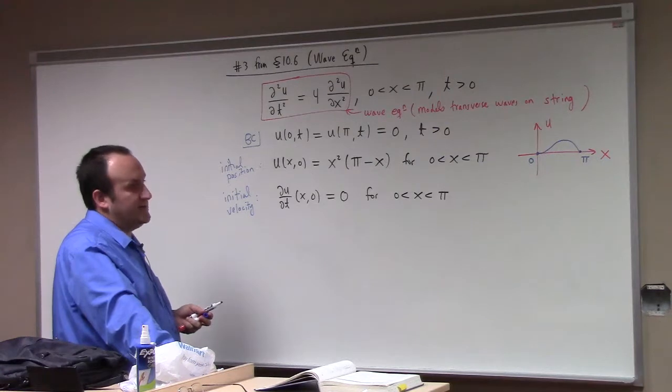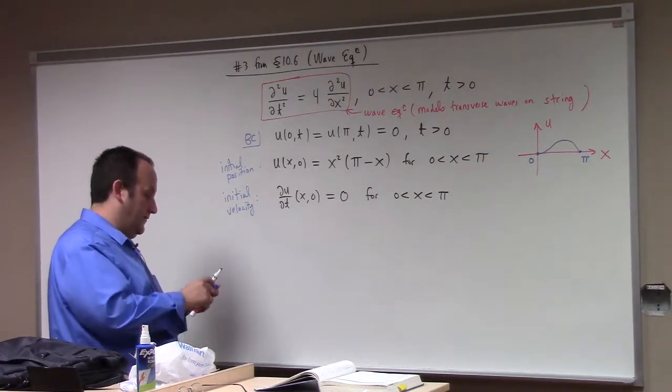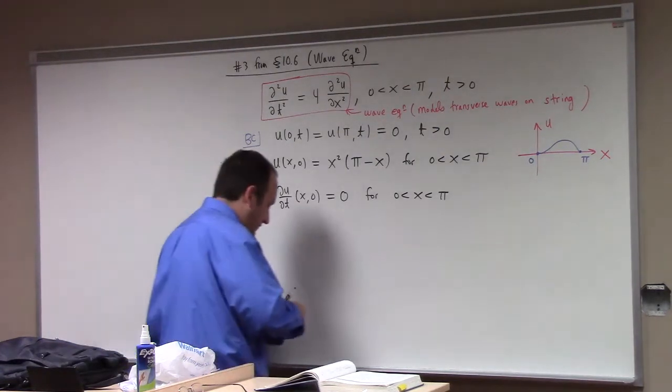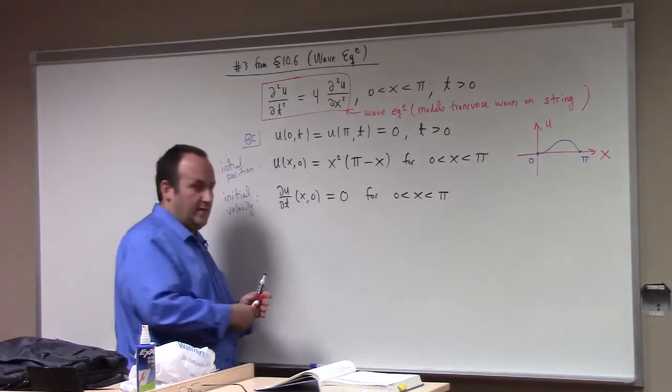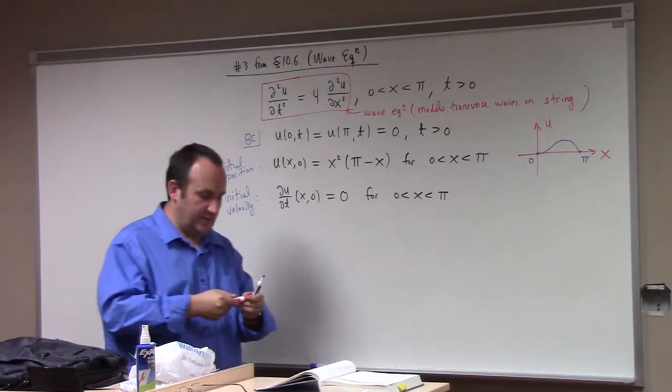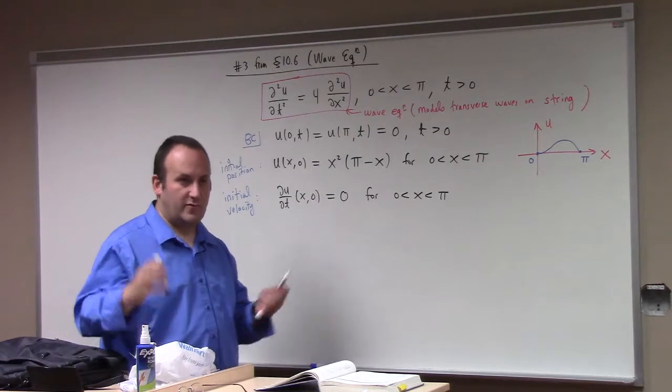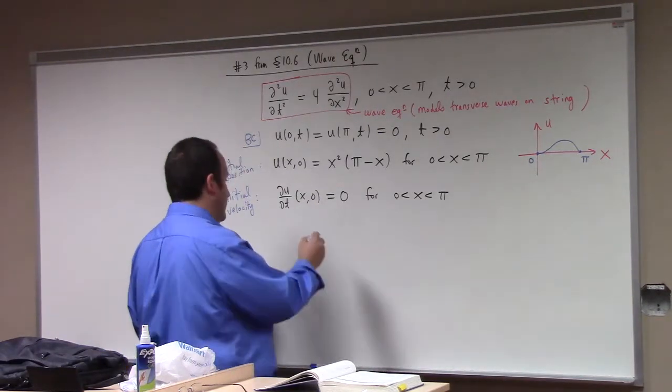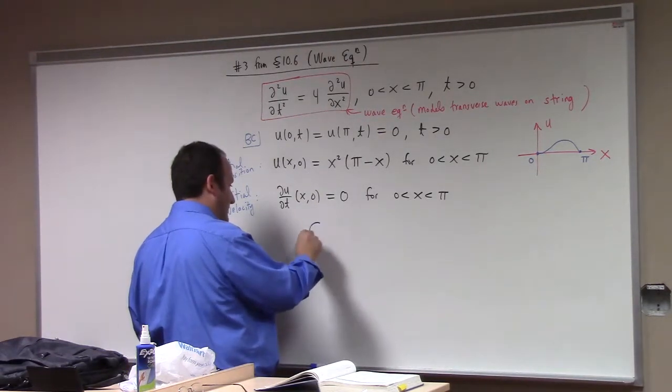All right, so how are we going to solve this? If you remember last class, we went through a procedure which was what? Let me remind you the game plan from last time. What was it?